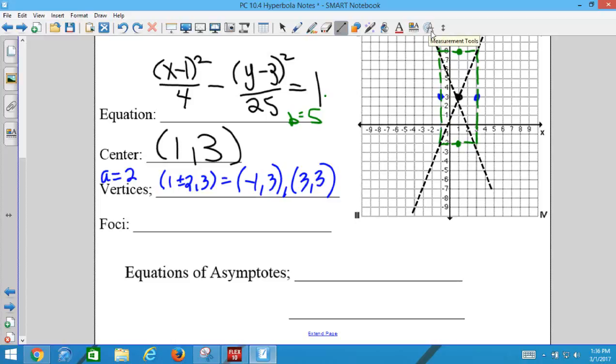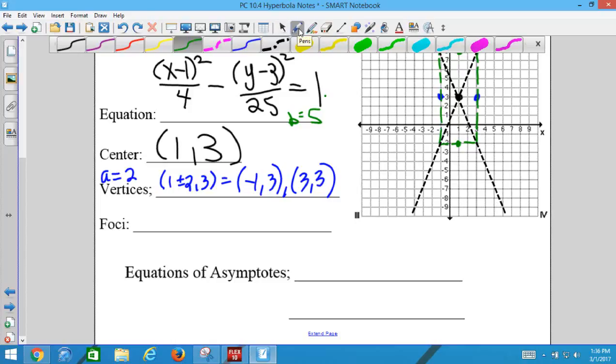You get the points. The 5. I went up and down 5. So which way does our hyperbola open? Left, right?